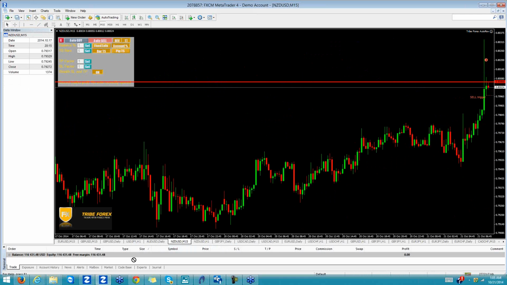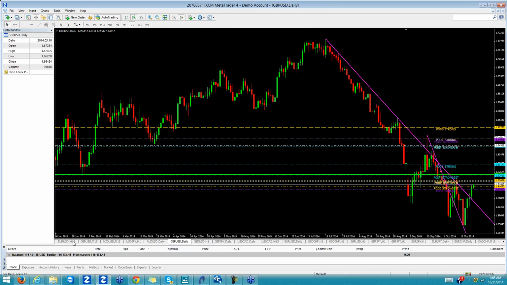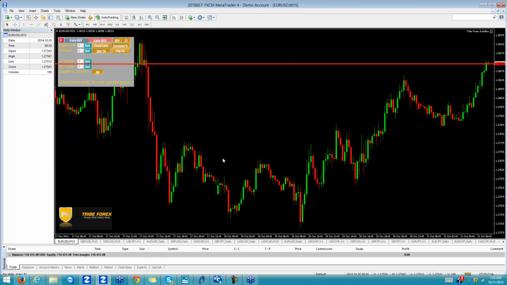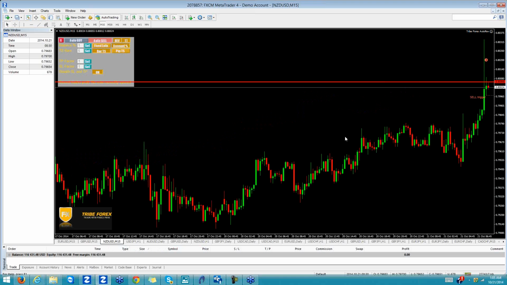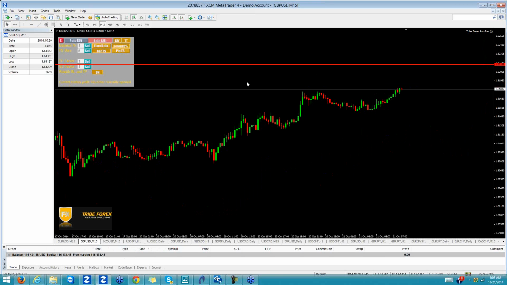So the ones that we're still keen for would be the euro dollar. If it comes down, it gives us something. The pound dollar. The New Zealand dollar, triple threat, which is lined up. Pound dollar is not even close to hitting its mark.